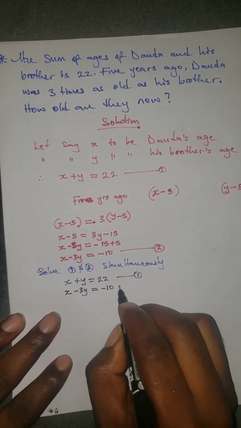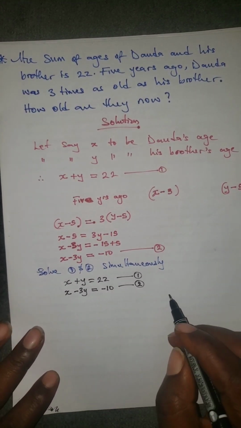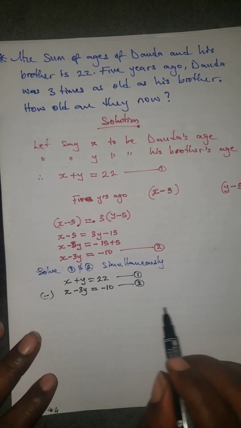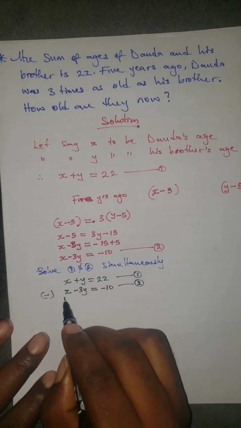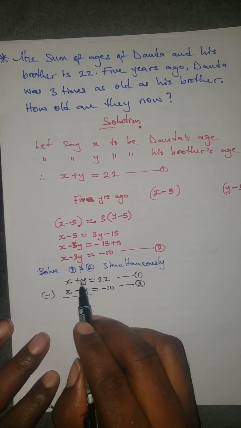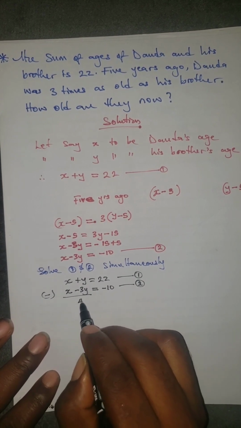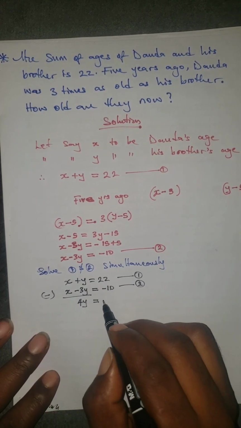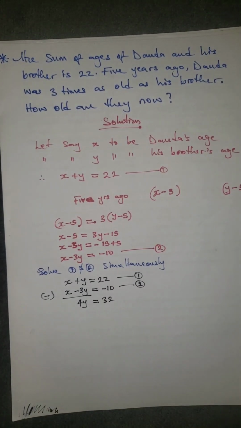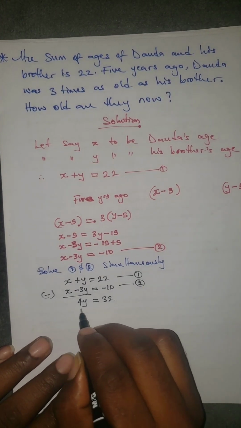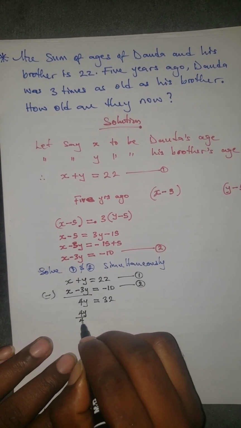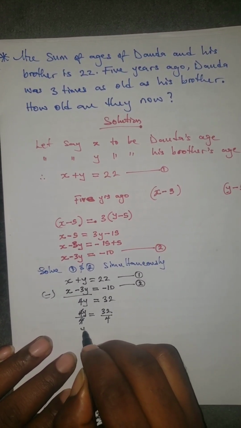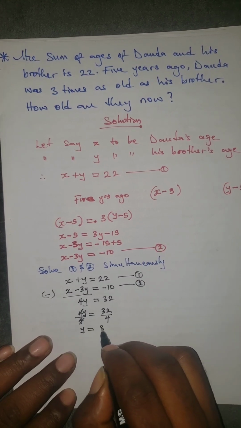That's our equation 1 and our equation 2. With that, we can subtract equation 2 from equation 1. So x minus x gives 0. y minus minus 3y gives 4y equals 22 minus minus 10, which gives 32. We can divide both sides by 4. So 4y over 4 equals 32 over 4, so y equals 8.